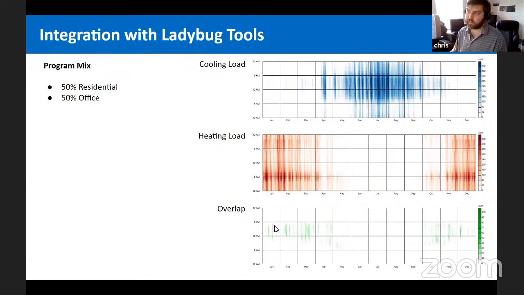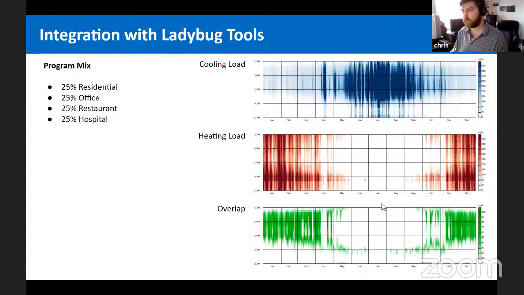And you can see, just to give an example of the types of explorations we can do, with a mix of 50% residential and office, we don't necessarily have a very high overlap. But starting to mix in more diversity of programs, like let's say restaurants and a hospital, that overlap is able to boost up a lot, such that the heat rejection of those spaces, particularly the restaurants that are still in cooling mode, can serve as a resource for the rest of the buildings in the district that have a higher heating demand.